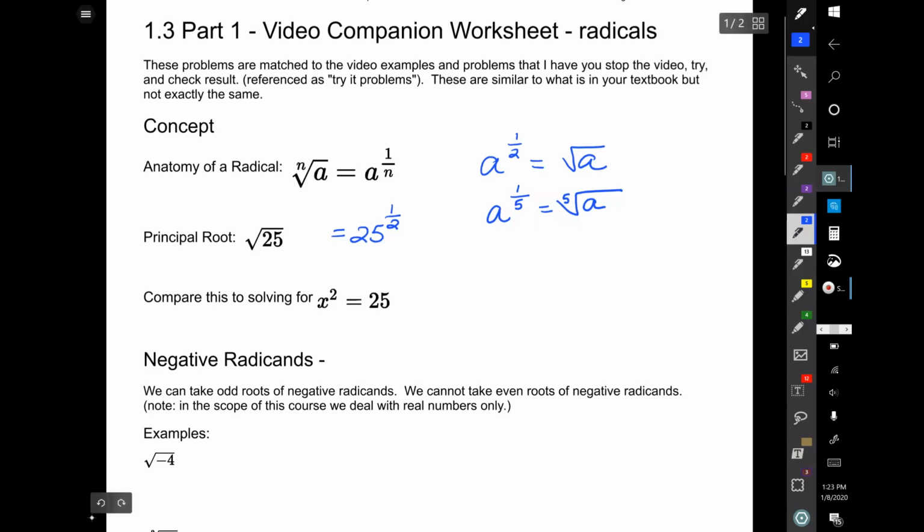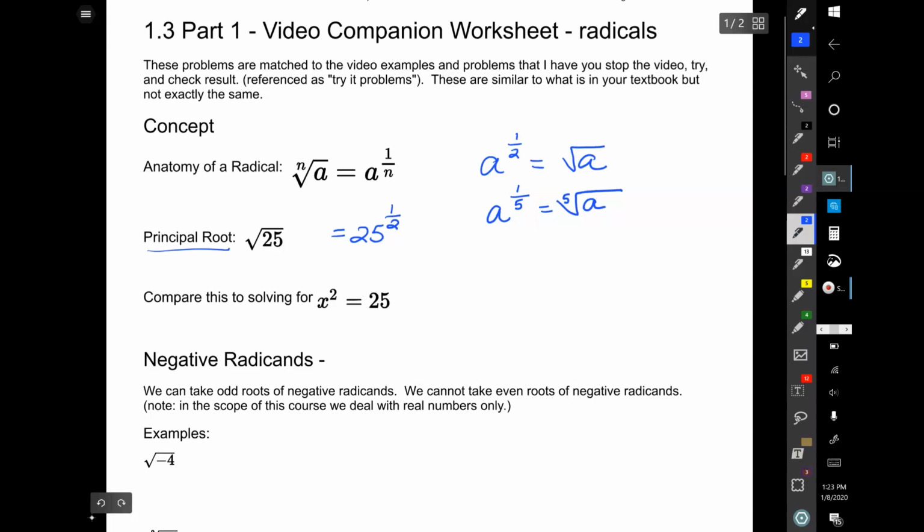So I want to talk about the principal root here for a moment. Principal root means if I have, for instance, the square root of 25, this is just an expression. It's not an equation where I'm solving for something. So I would just crunch the numbers and I just get the positive root. And I'll show you how that's different from when we're solving.